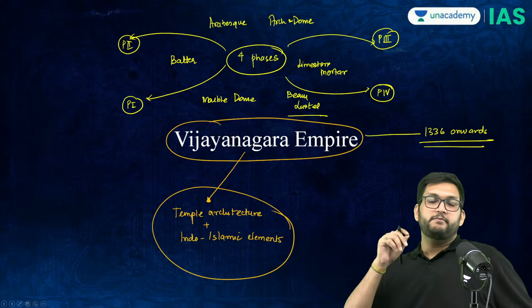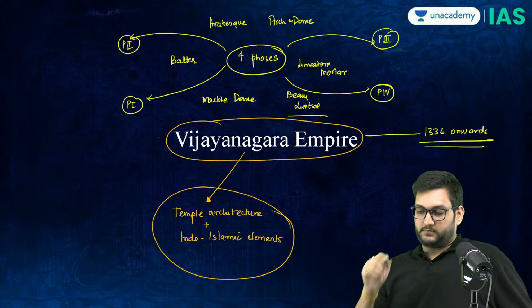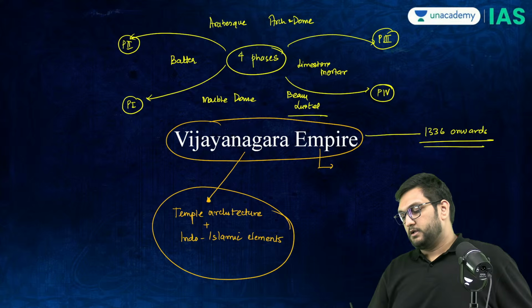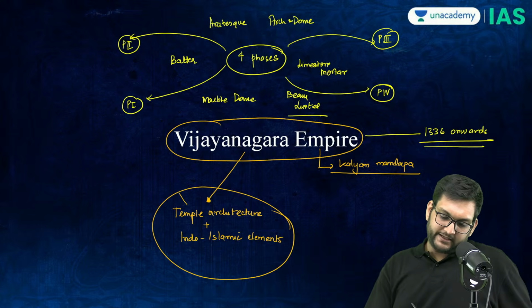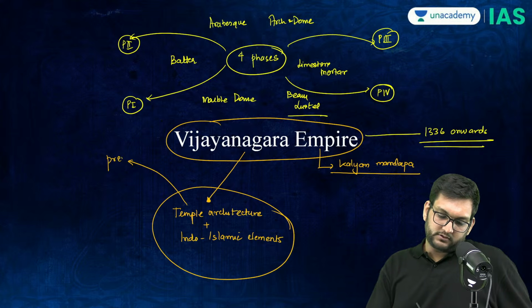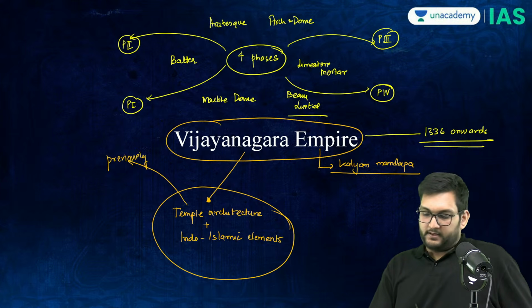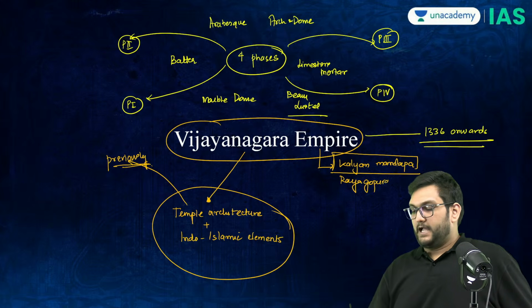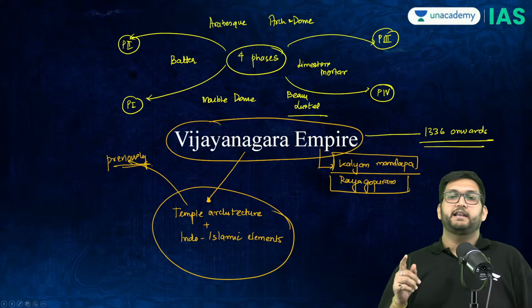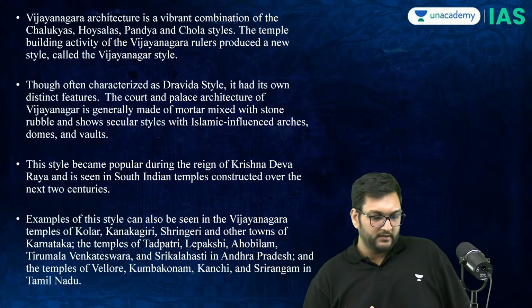And the most important feature of the Vijayanagara Empire is the Kalyan Mandap. Whilst the temple architecture is previously also the same, the Kalyan Mandap and Rai Gopuram are two very interesting things which are linked to the Vijayanagara Empire.